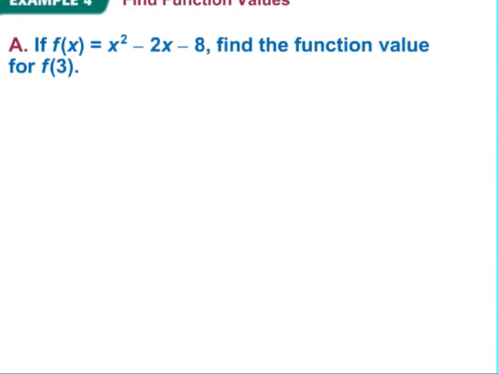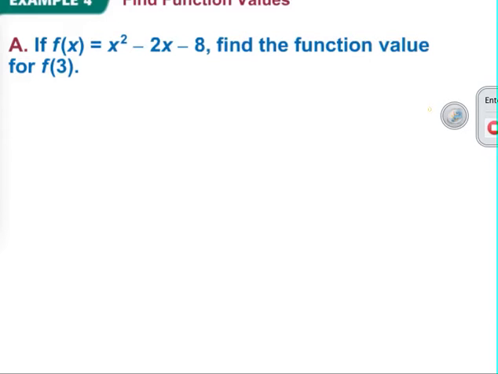Real quick, I want you to type in what you think the solution is right there. You can do that one. Not an overly difficult problem.